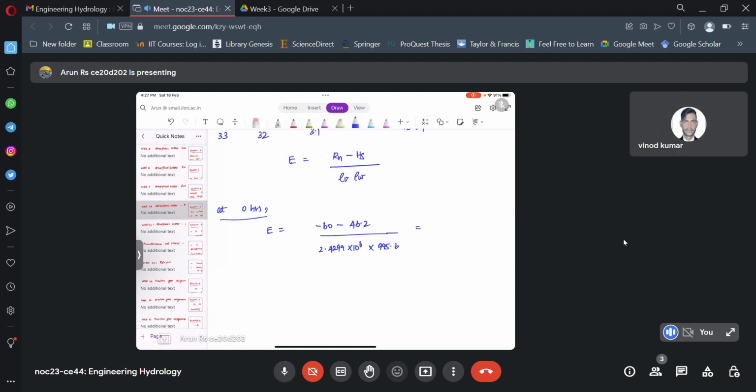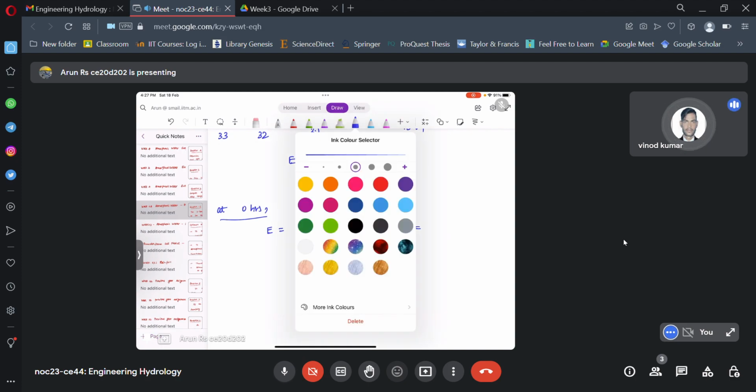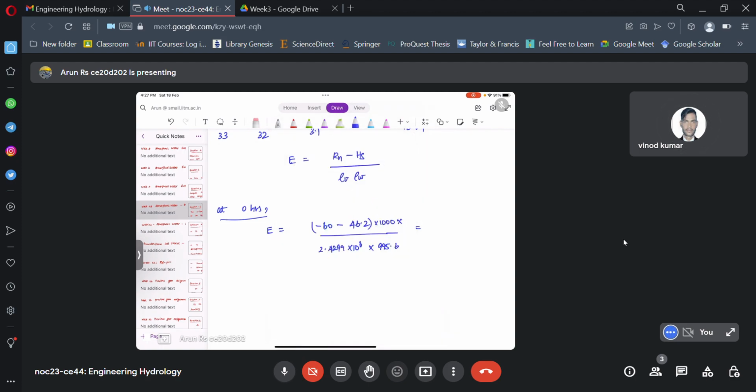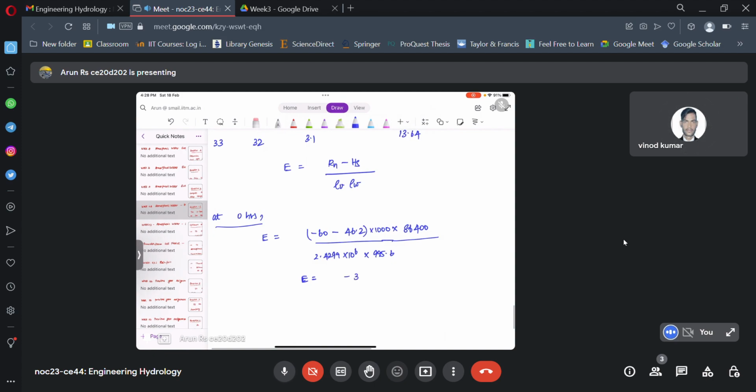So again this will be in terms of meter per second. I am converting to mm per day by 1000 into 86400. This will be equal to minus 3.792 mm per day.